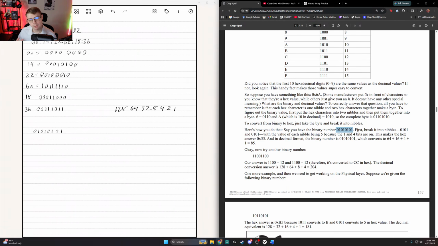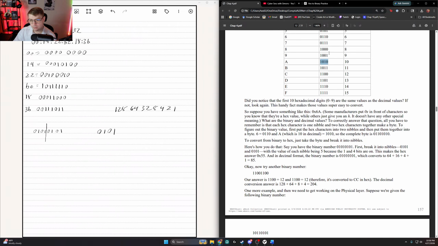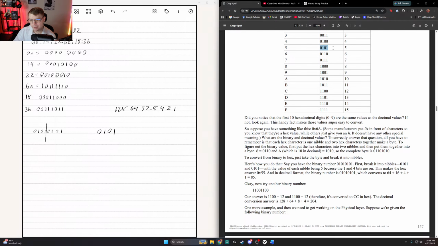But remember, when we're talking about hexadecimals, we're going to break this into two nibbles. So our first nibble is 0101, right? If we look at our table, we see that we have 5.